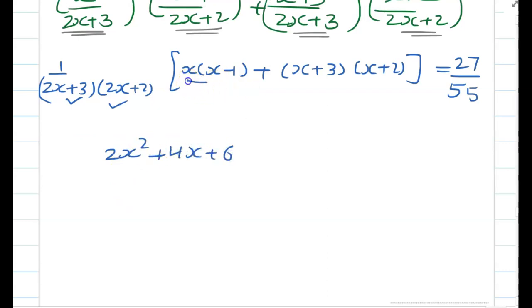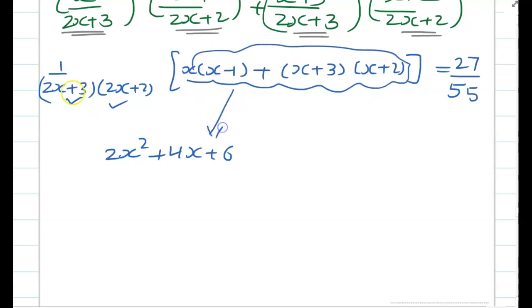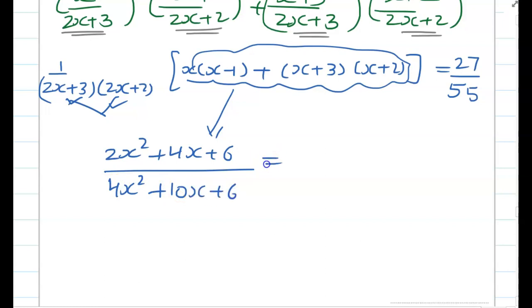If you simplify this bit here, then you get this. And if you simplify the denominator, you get 4x square plus 10x plus 6, and that should be equal to 27 over 55.